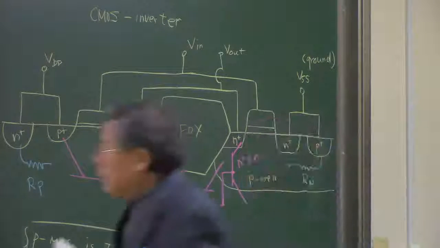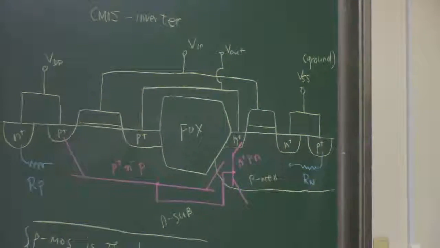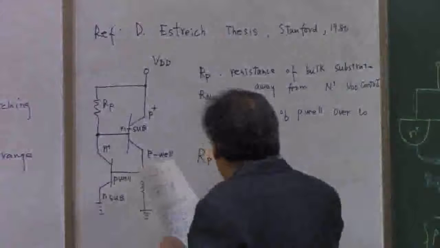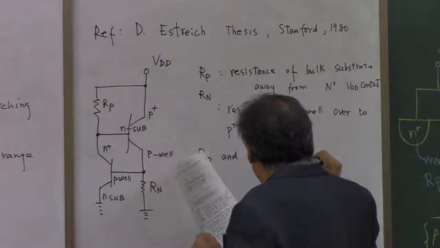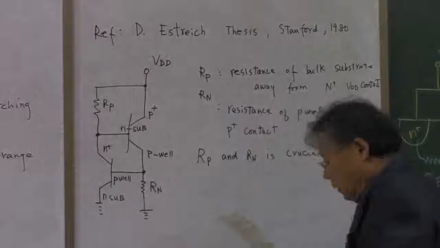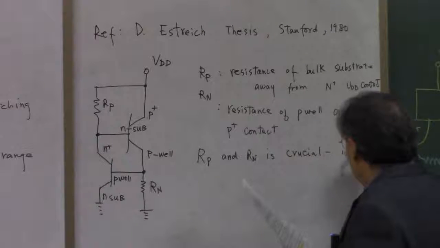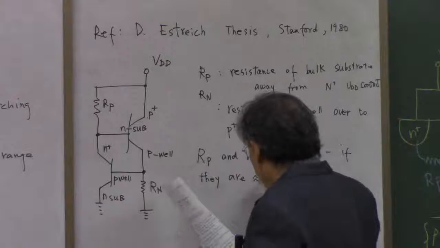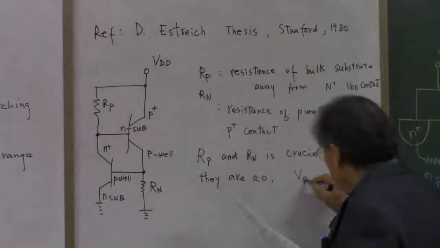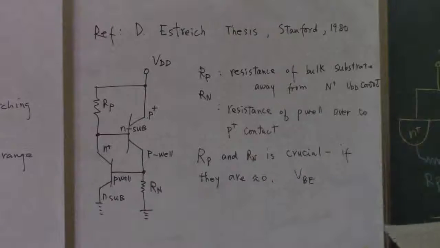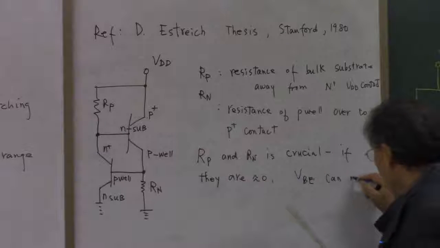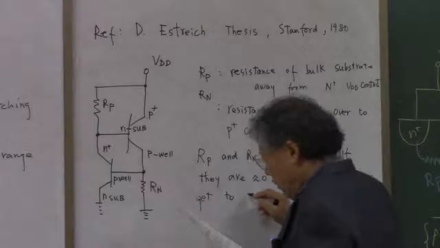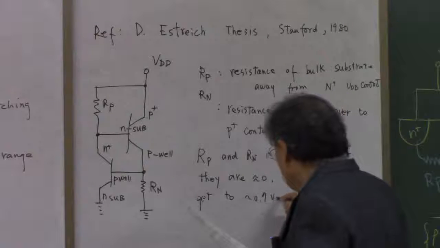So Rp and Rn is crucial. If they are zero, then VBE, the emitter base voltage, can never get to 0.7 volts, which is necessary.